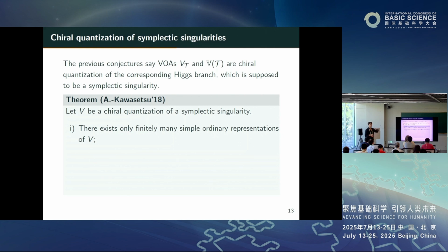These representations are positively graded, and each homogeneous component is finite-dimensional. So in general it may have infinitely many simple modules, but if you are only interested in those whose character makes sense, then there exist only finitely many.